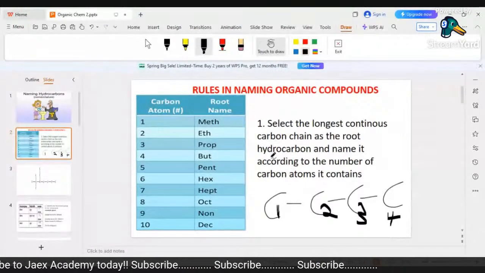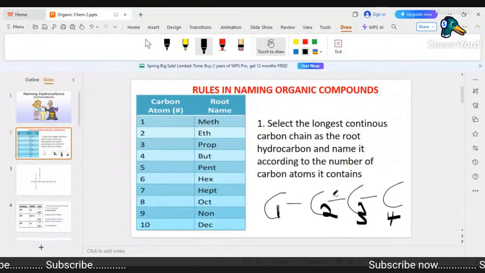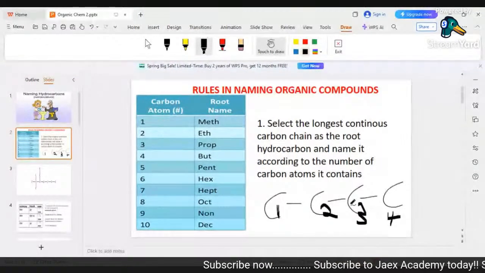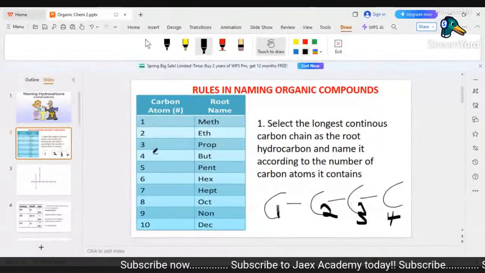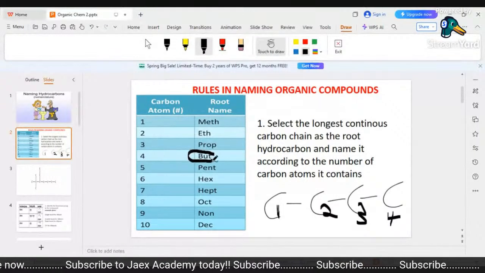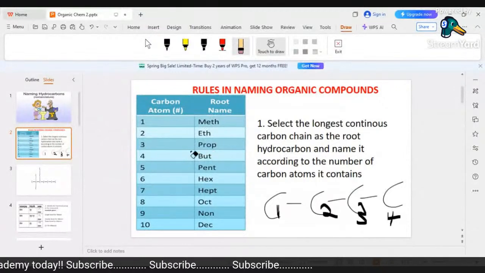So today we will look at the rules of naming organic chemistry. Number 1 is select the longest. From what we just did, we have 4 carbons coming together to form a chain, and according to this table, 4 is but.